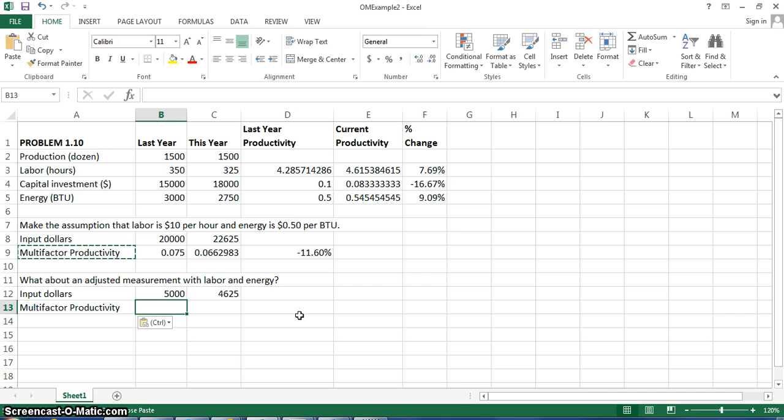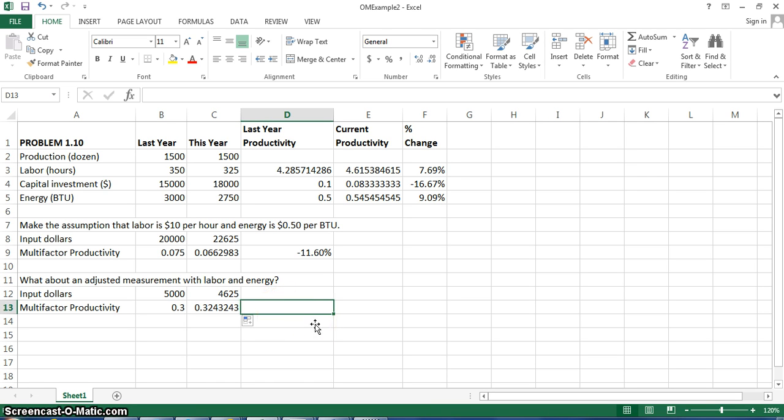If we just consider the 2 inputs, the multi-factor productivity would be the output or production in dozens divided by the input dollars. We'll copy this formula to the current year.